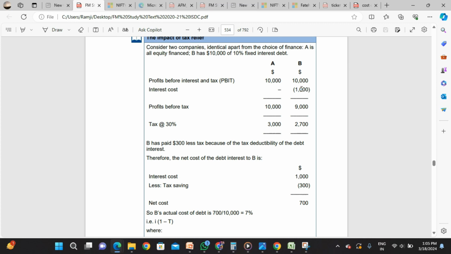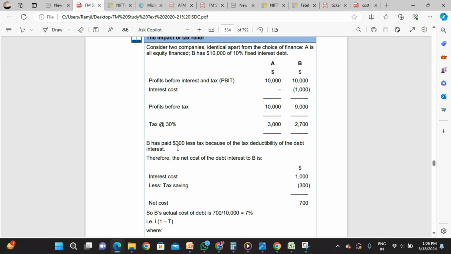B is financed through debt, so 10,000 at 10% is 1,000. Profit before tax will be 10,000 for A and 9,000 for B. Tax will be 3,000 for A and 2,700 for B. You see the difference: in the company financed fully by equity, there is no tax relief, while in company B the tax relief will be 300.